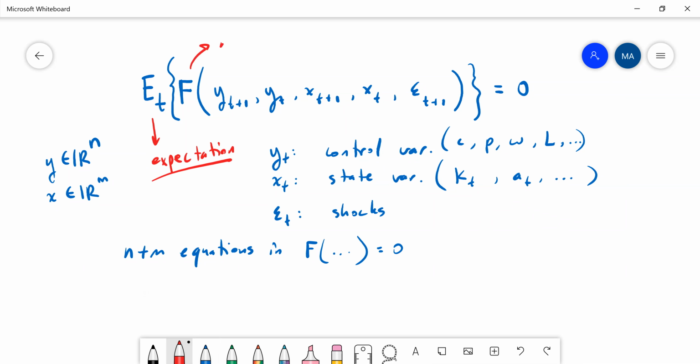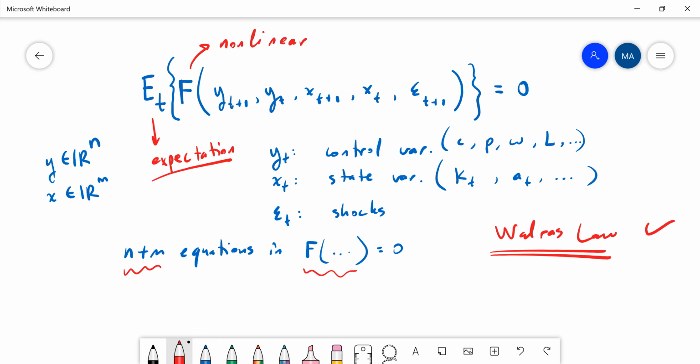And F here is typically nonlinear. Now, how many endogenous variables do you have? You have n plus m endogenous variables, okay? And then you have these equations. Here, of course, we still have to be careful about Walras' law, okay? Walras' law is satisfied in such models.